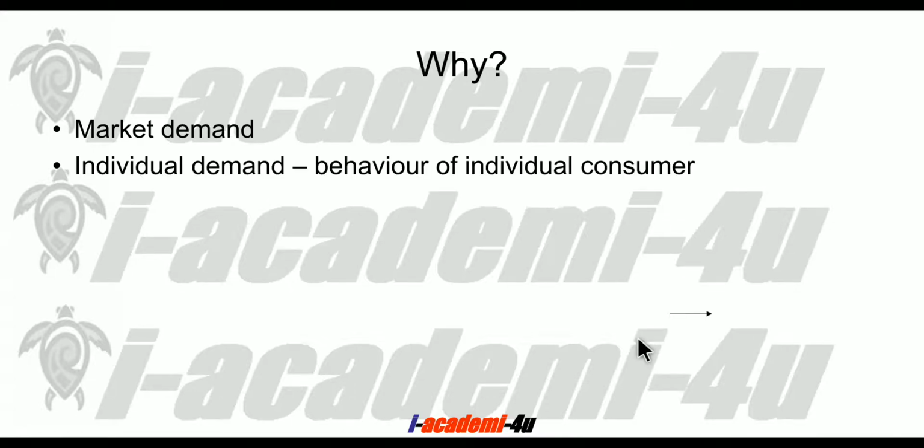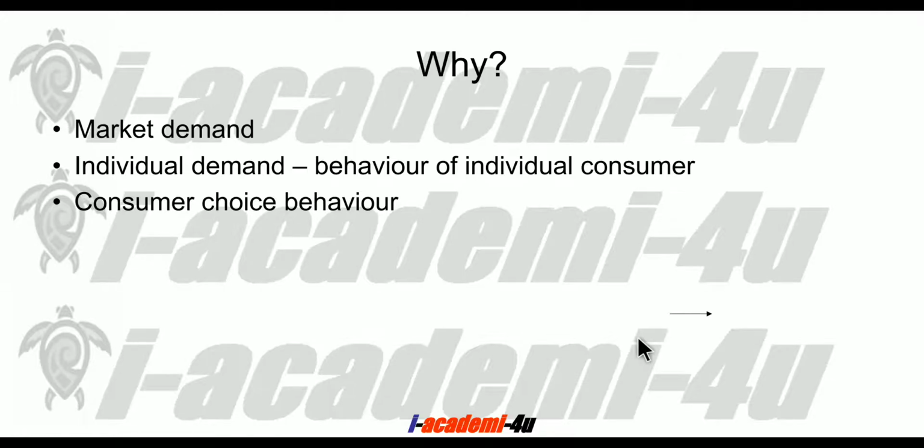Now, market demand is a sum total of all the demand of the consumers in a market, and that is the individual demand, which depends upon the behavior of individual consumer. So if we want to understand market demand, we need to understand individual demand, and individual demand is behavior of individual consumer. Now, individual consumer behaves depending upon the choice they make.